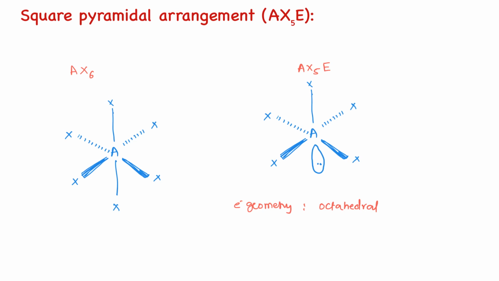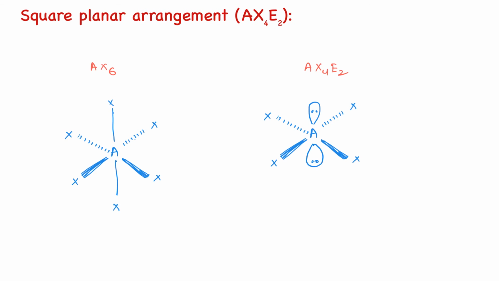Therefore, the remaining shape looks like a square pyramidal. Some examples with square pyramidal shape are BrF5, XeOF4, etc.